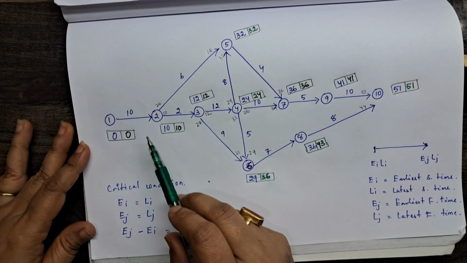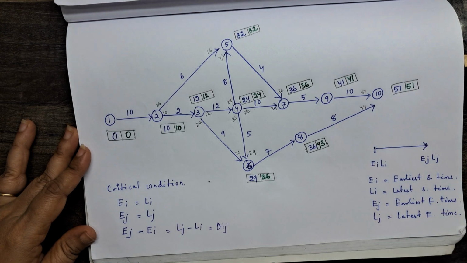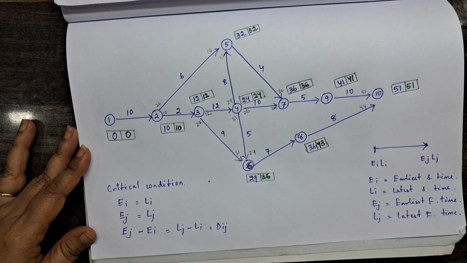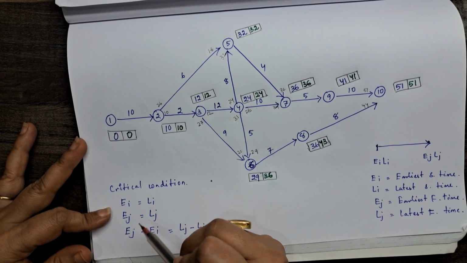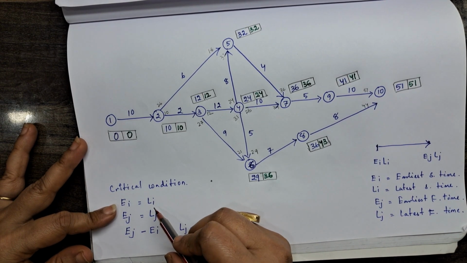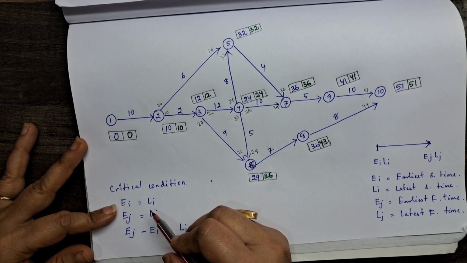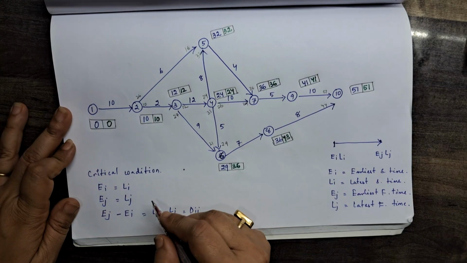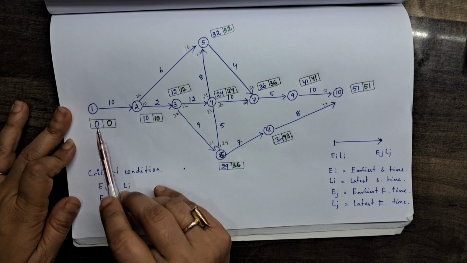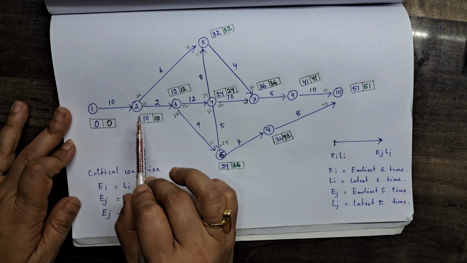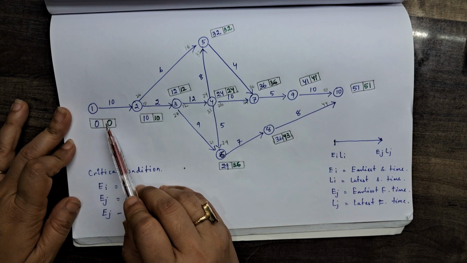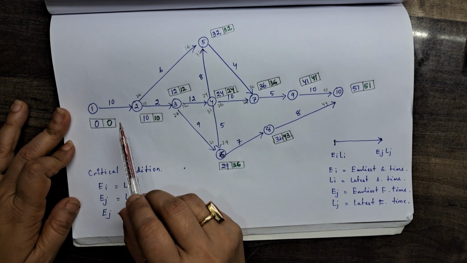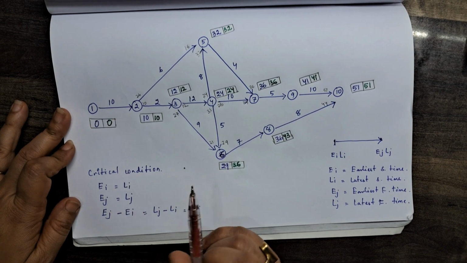So, now we have to identify the critical path. To find our critical path, 3 conditions we need to satisfy. The forward calculation and the backward calculation is done. We will find the critical path.